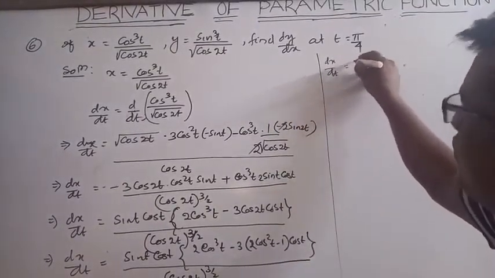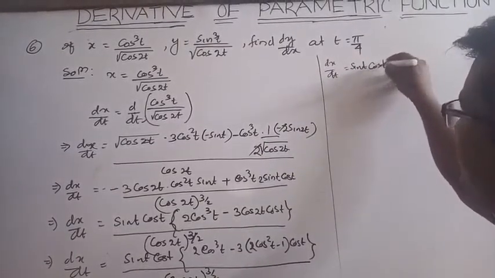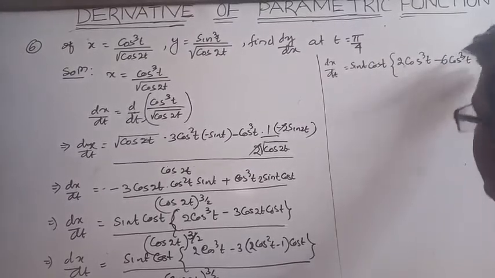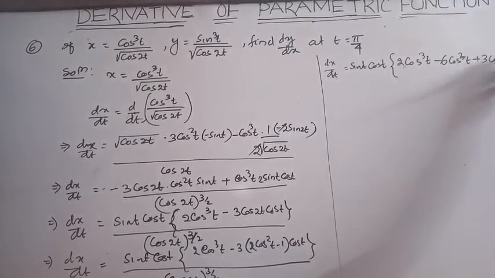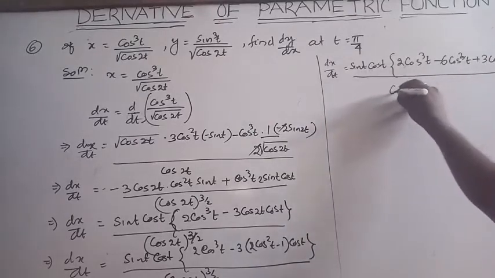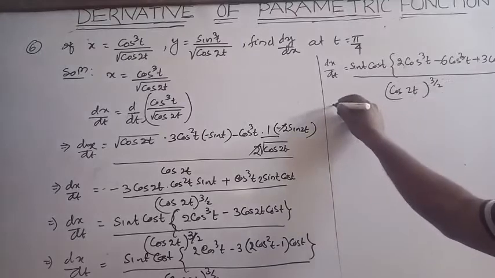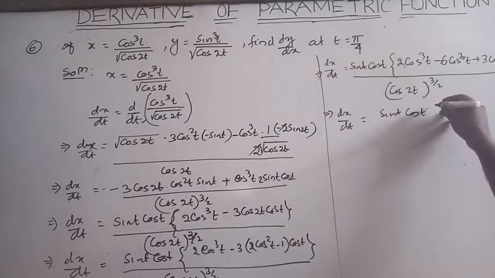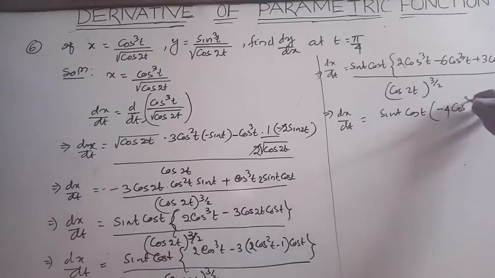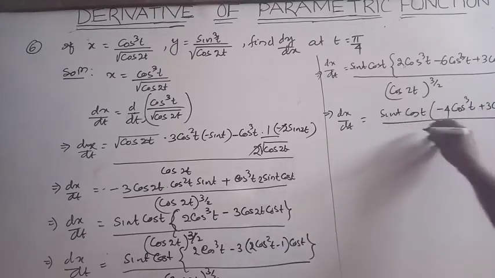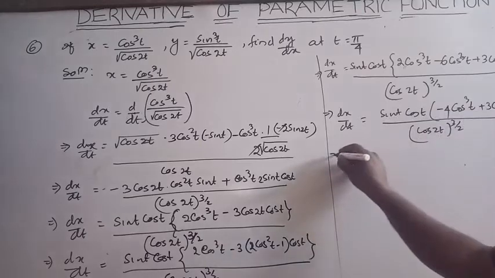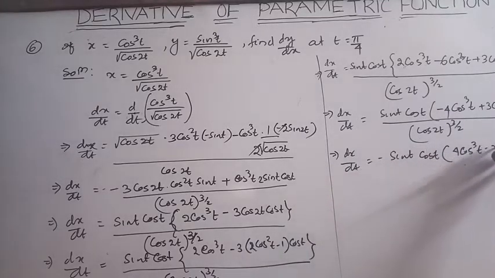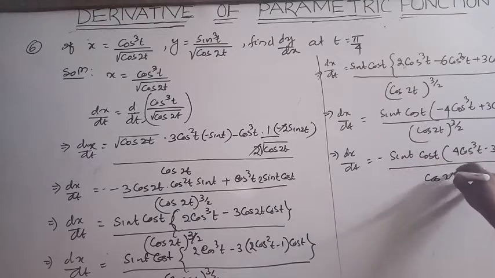dx/dt is equal to sin t into cos t into 2cos³t minus 6cos²t cos t, and minus plus 3 cos t, divided by cos 2t power 3/2. So dx/dt is sin t cos t into minus 4cos³t plus 3 cos t, divided by cos 2t power 3/2. Taking the minus common, dx/dt is equal to minus sin t into cos t into 4cos³t minus 3 cos t, whole divided by cos 2t power 3/2.